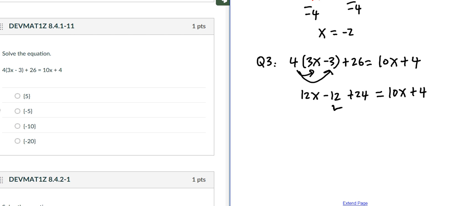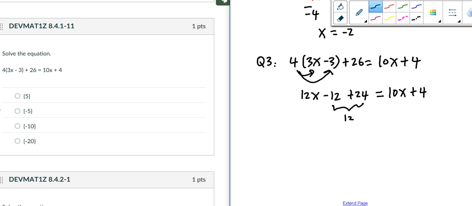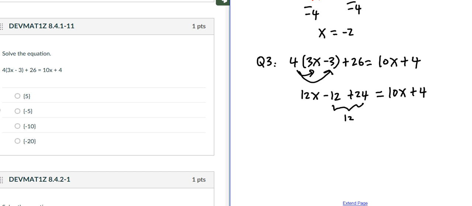Now here what do you get? You get positive 12, right? Oh, you see, it's not really right. How did I get 24 over there? So you have to be careful all the time. It has to be 26.